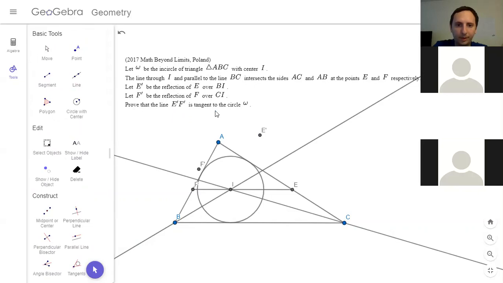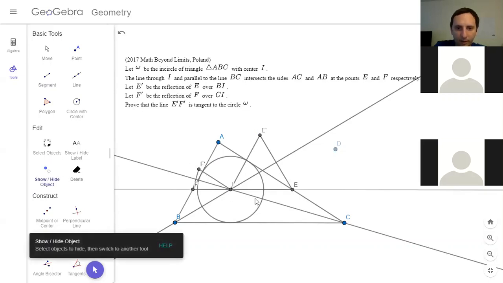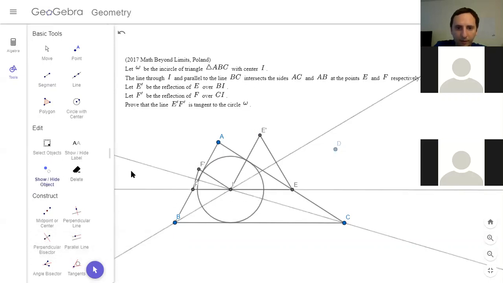Whenever I have something like this, but first let me see what I can do with the diagram, because it looks a little bit messy. So I guess F'IF and E'IE are isosceles. So maybe I could hide BI and CI for now.